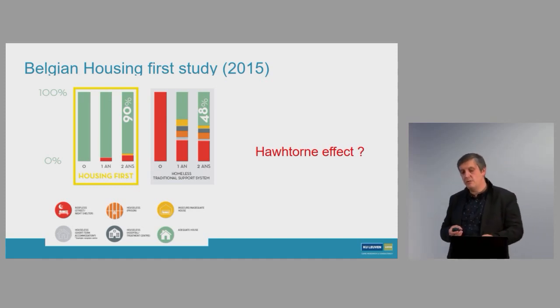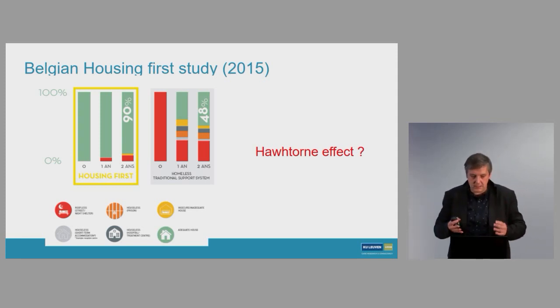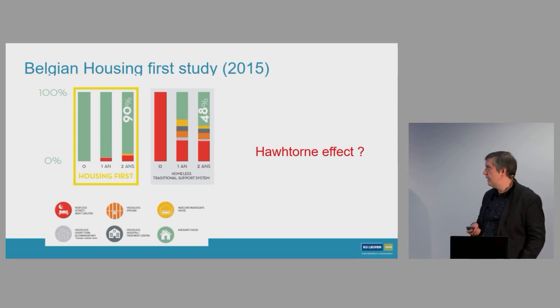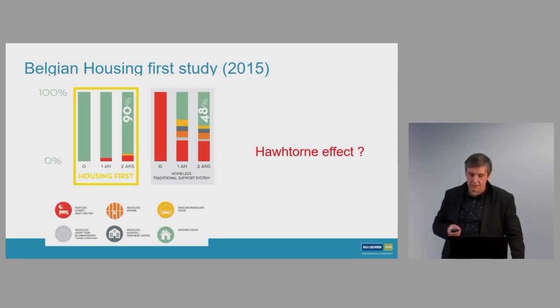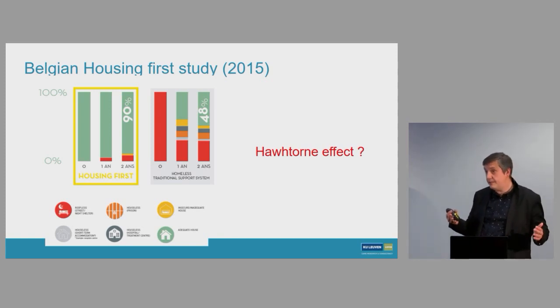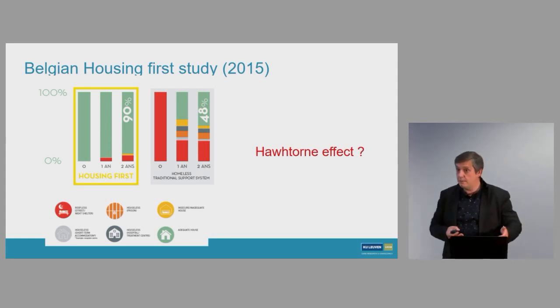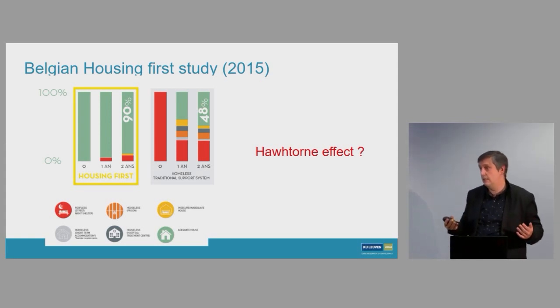But even though there is maybe some kind of Hawthorne effect, we don't know, it's not studied, even then, the results are very promising. So we have very convincing evidence in Canada, but also in the United States, in Finland, and also in Belgium. So why don't we do it?